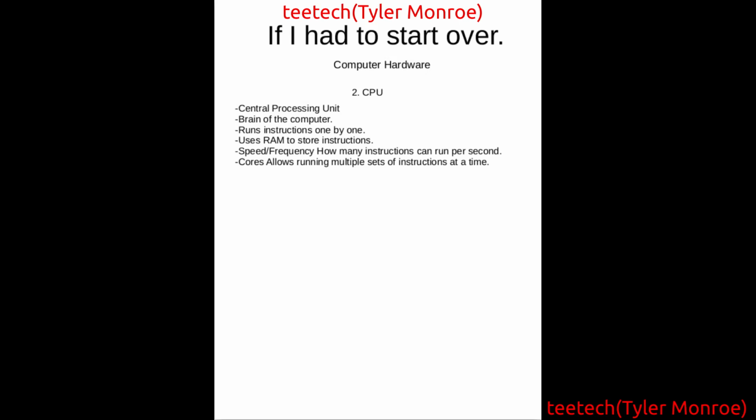So the cores of a CPU allow you to run multiple sets of instructions at a time. So it's kind of like if you had two desks in front of you, okay? You could, in theory, do twice the work at once and have the work done in less time. It's the same idea with cores on a CPU.